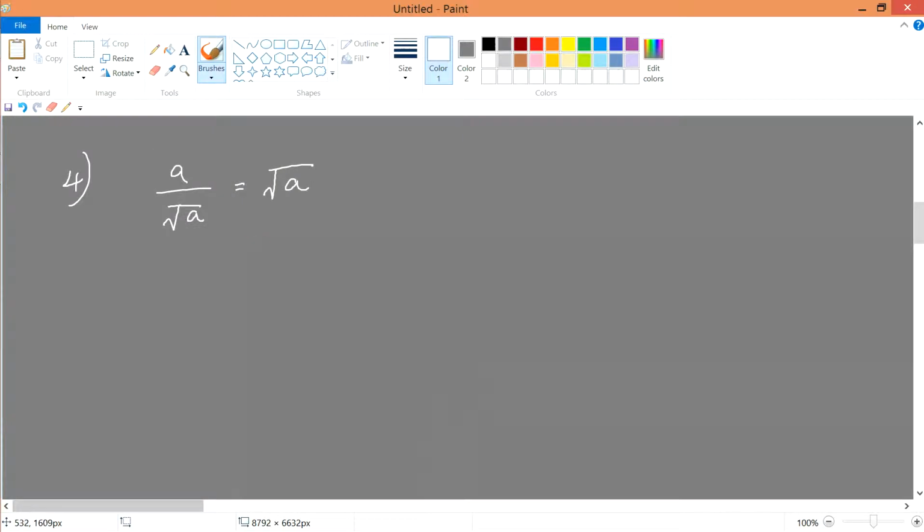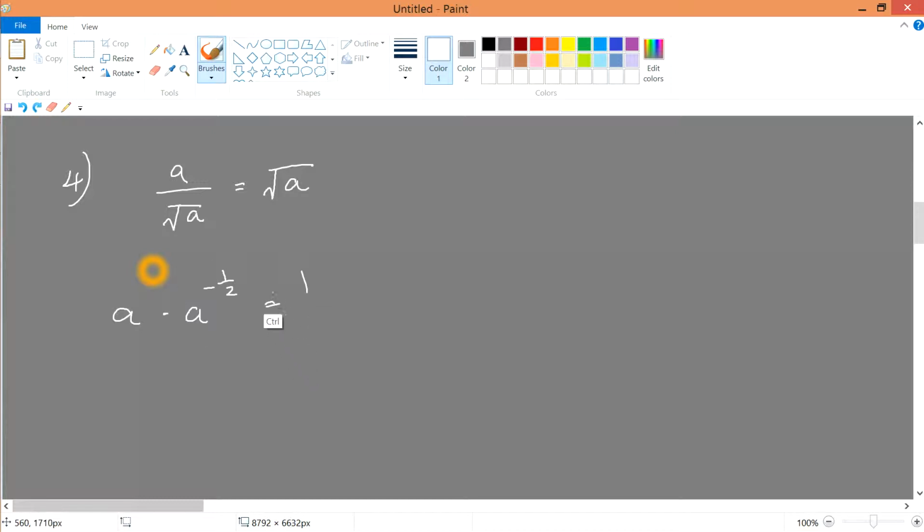A over square root a equals square root a. What the hell, man? Where is the a coming from? Where does the a go? You know, if I were to rewrite these things as a multiplied by the inverse, a to the power of half equals square root a. Okay, just to let you know. And therefore, if I were to inverse them, a to the minus half simply equals 1 over square root a.